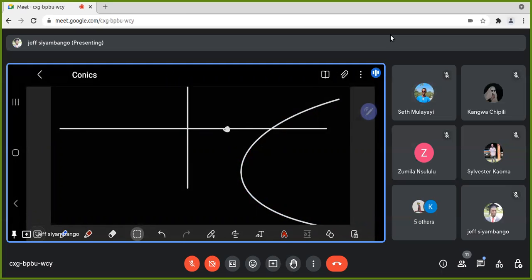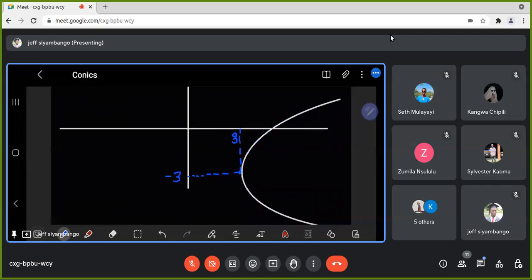Let's say this is at 3 and this is at -3. So for the focus, if the distance you have to move, let's say up to here, is 2.5, it implies that on the x-axis, the reading here will be 5.5.